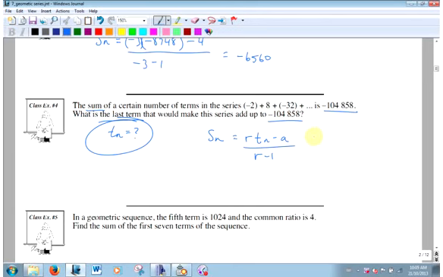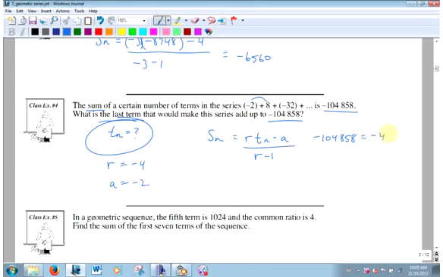Okay, S of n is negative 104,858 equals, what's r? Looks like it's negative 4. A is negative 2.